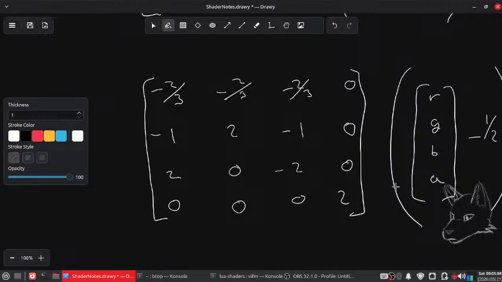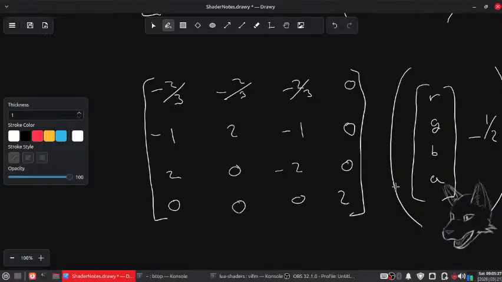So, and then we can also renormalize it afterwards.